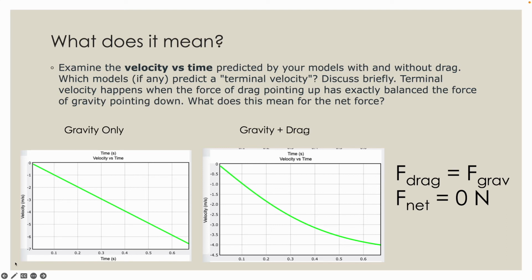But for the gravity and drag model, you can see that the slope is flattening out over time, which means the magnitude of the acceleration is decreasing, and that means that eventually it's going to become 0 as the object gets fast enough, and that is when the velocity will reach terminal velocity, and F drag will equal F gravity, so the net force will equal 0.